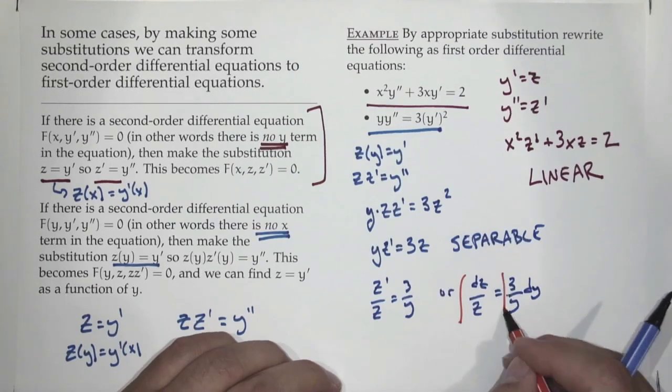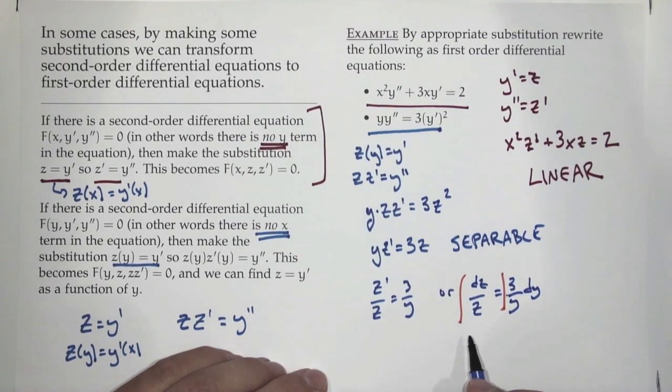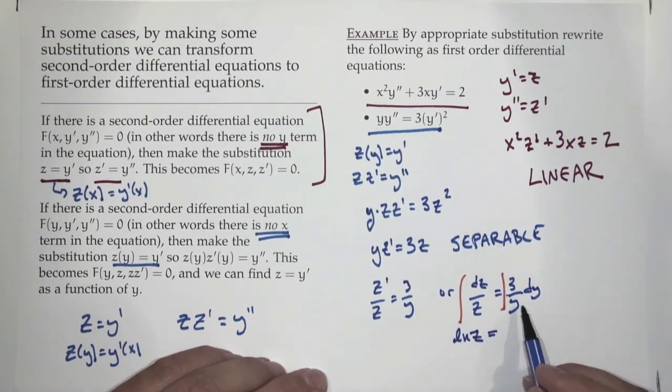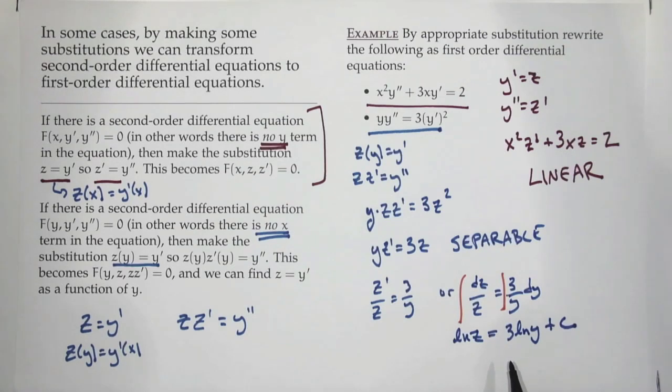Integrate both sides. Integral of dz over z, natural log z, equals, over here, 3 natural log y plus c. Now, take both sides exponential function, and you'll have z equals, can you see this? Y cubed, but what about the plus c? What does it do? Some constant times y cubed.